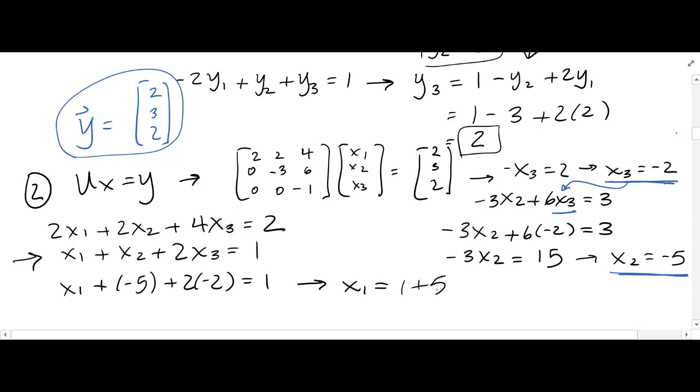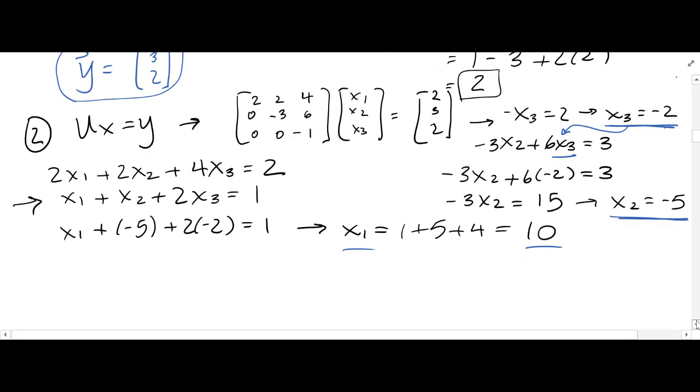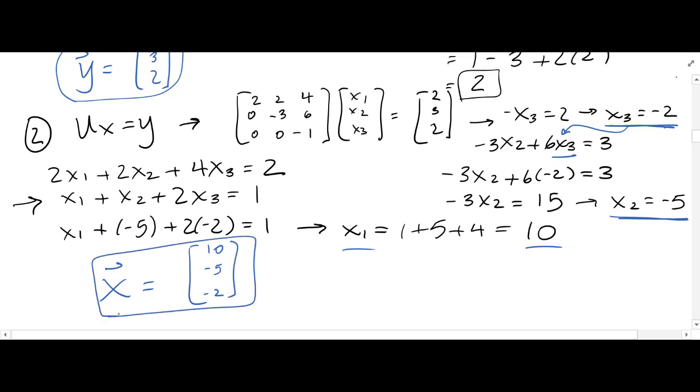Solving for x1, you get 1 plus 5 plus 4, which is 10. So x1 is 10. So together, our solution is x equals 10, negative 5, negative 2. That's how you use the LU factorization to solve AX equals B.